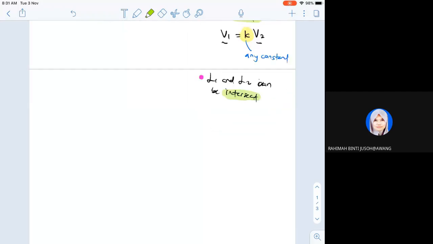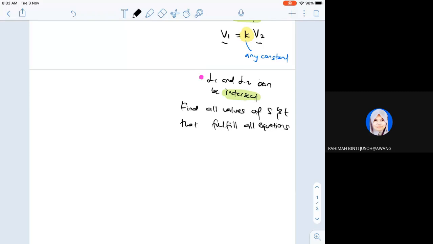How do we test whether L1 and L2 intersect? We need to find all values of S and T that fulfill all equations. Later I will show you through the exercises.